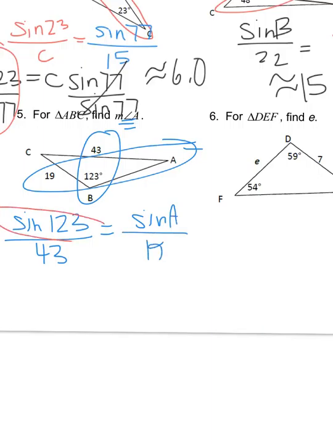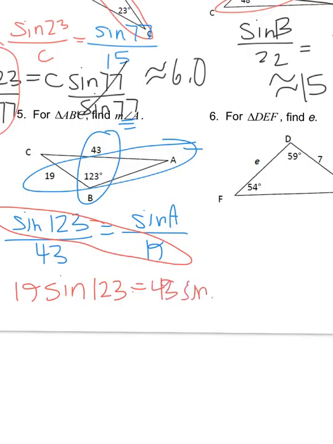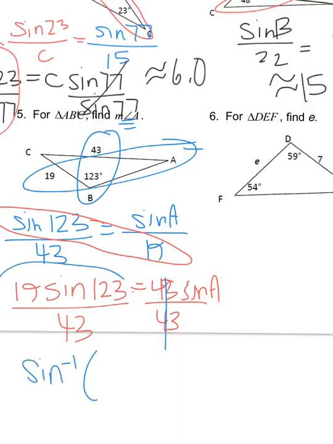So you cross multiply both sides. So it's 19 sine of 123 equals 43 sine of A. Divide both sides by 43. Now again, you're trying to figure out what the angle measure is. So you have to do sine inverse of all of this. So this is about 22 degrees.